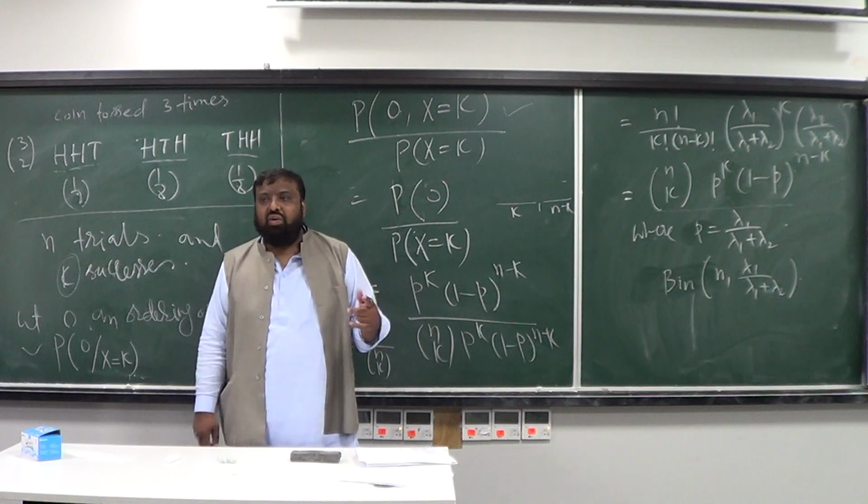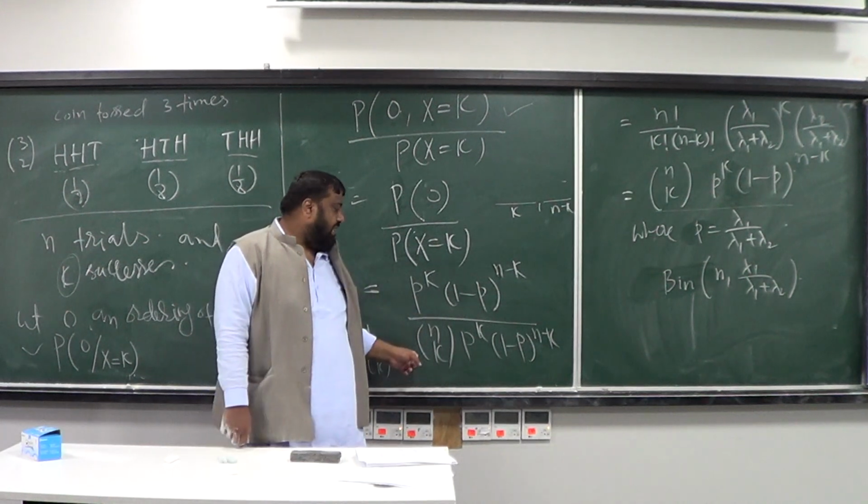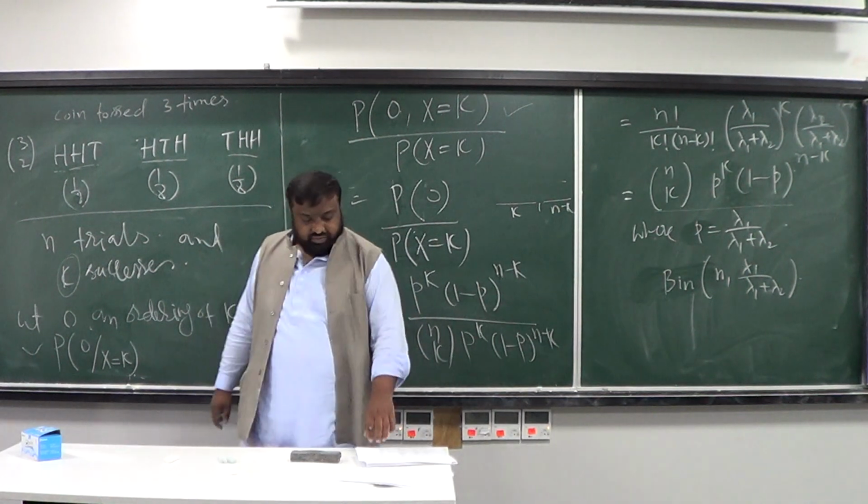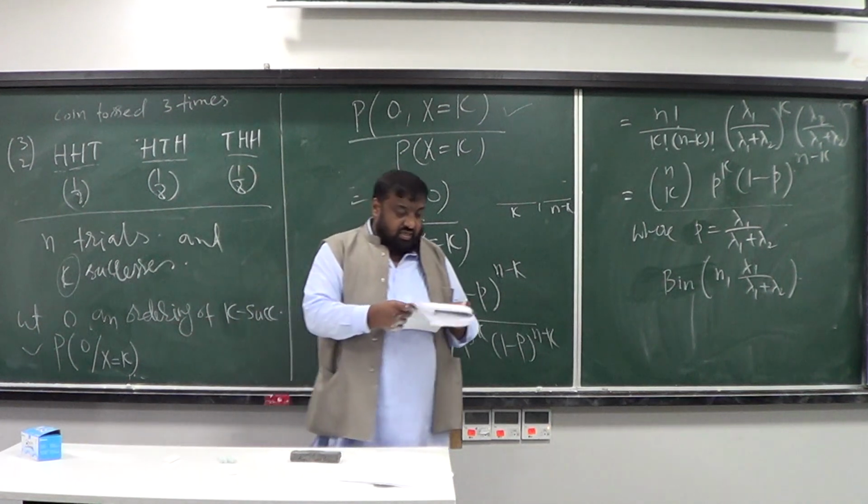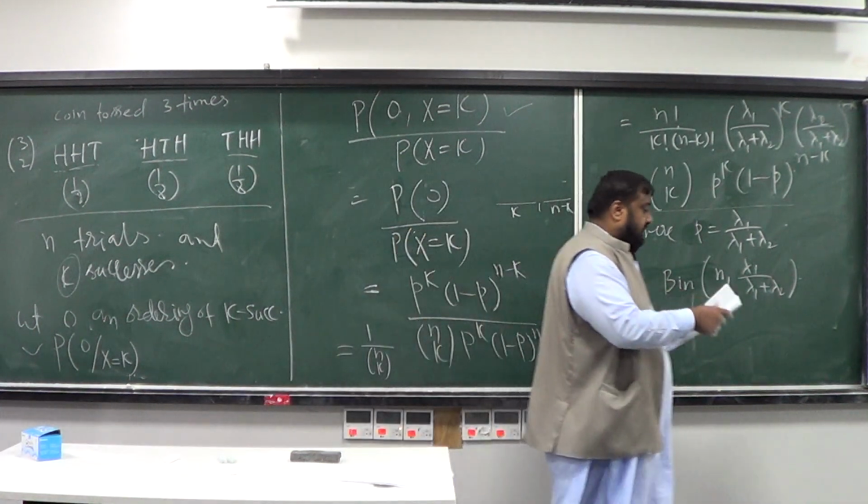All outcomes are equally likely, and that probability is 1 over n choose k. Okay, so this makes a bit of sense.